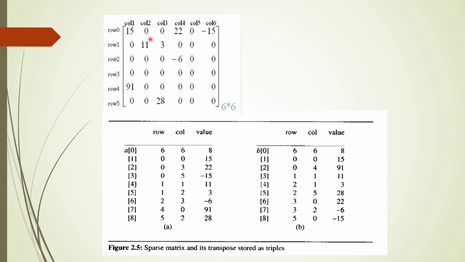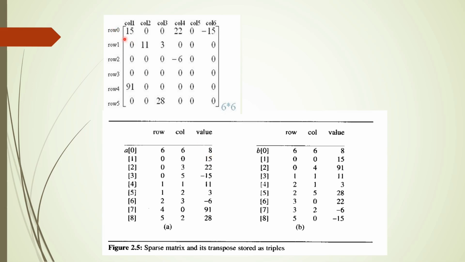The non-zero elements are 1, 2, 3, 4, 5, 6, 7, and 8. In this given sparse matrix, we have 8 non-zero elements. So you store only the non-zero elements so that you can save the space. Here number of rows is 6, number of columns is 6, and number of non-zero elements is 8.